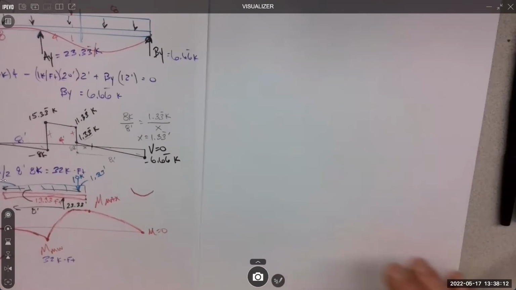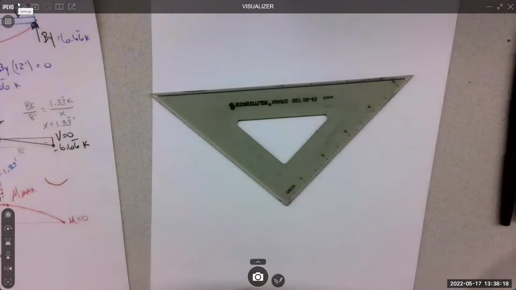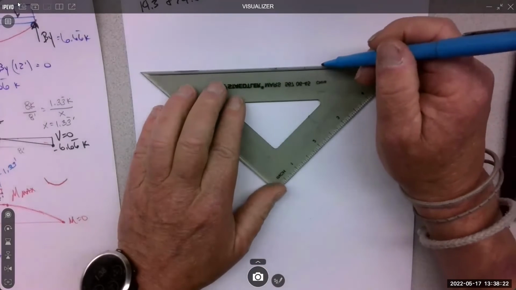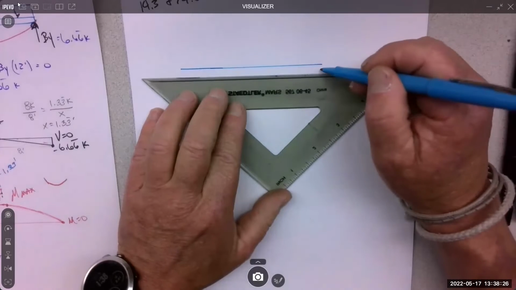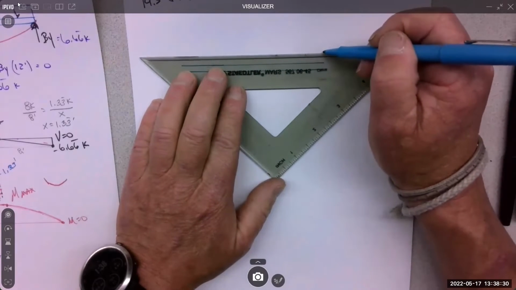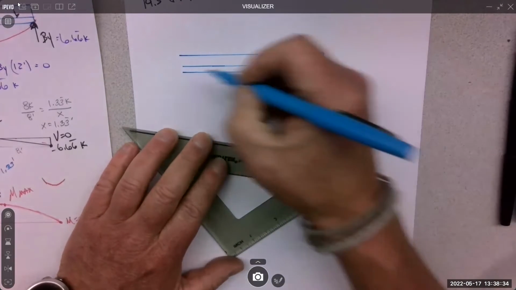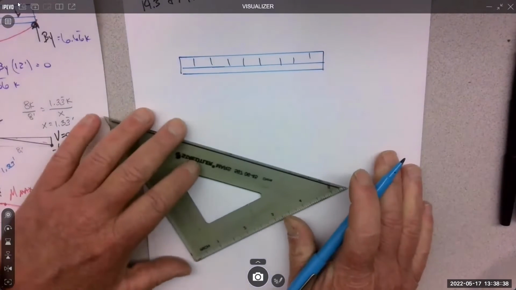So I'm going to draw a better beam that's a little larger so we can work it. It's my distribution.